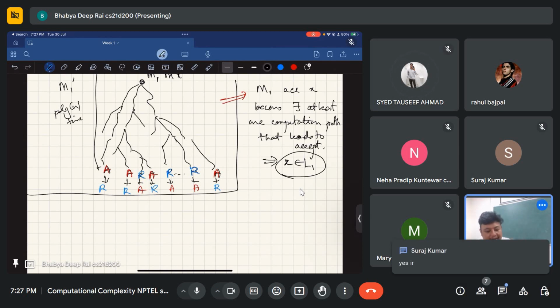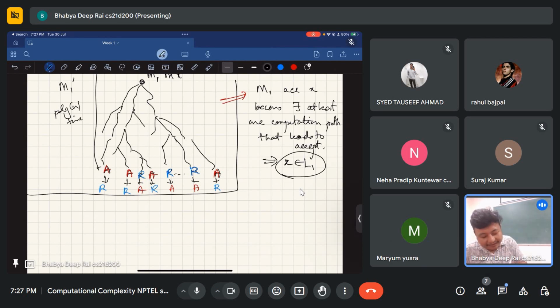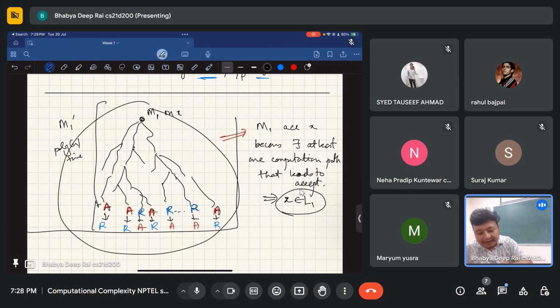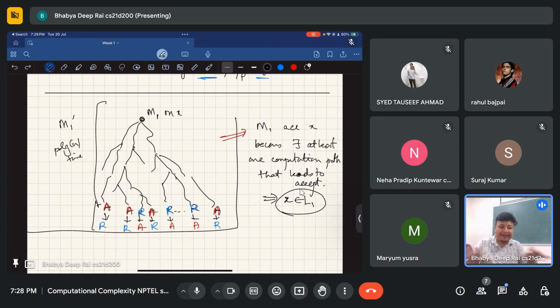Now is the key part. Look at this algorithm M1 prime. It is a non-deterministic Turing machine, non-deterministic algorithm. And this is the computation path of the non-deterministic algorithm M1 prime, the bigger algorithm, which does the flipping, which does the complement. Given this kind of behavior, where at the end it has several accepts and several rejects, what does it do? Does it reject or accept?